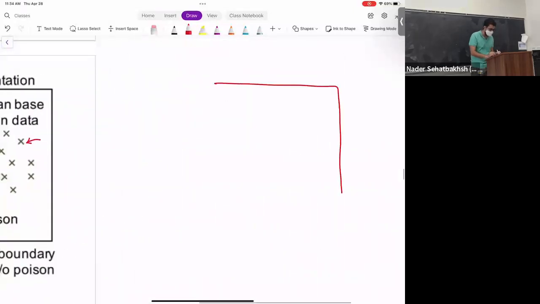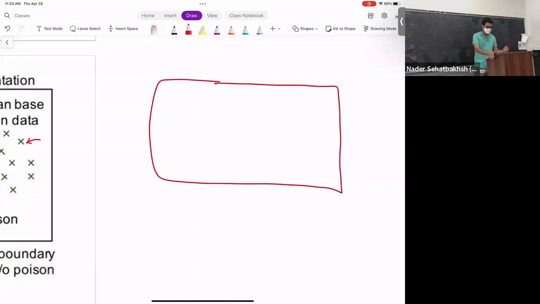So let's say this is your distribution, or this is your input space. You have some records that are very close to each other because they have similar features, and some inputs that are similar to each other. Then let's say these are spam samples and these are not spam samples.